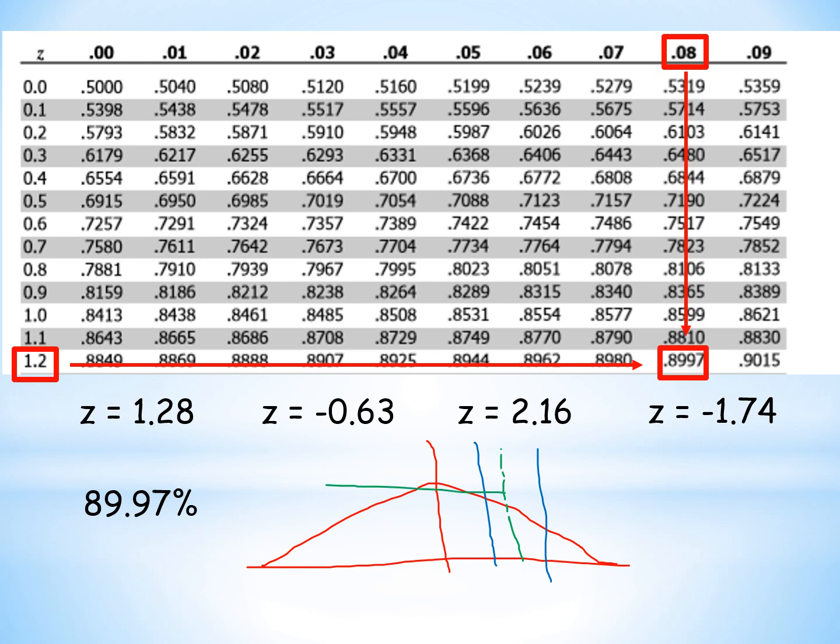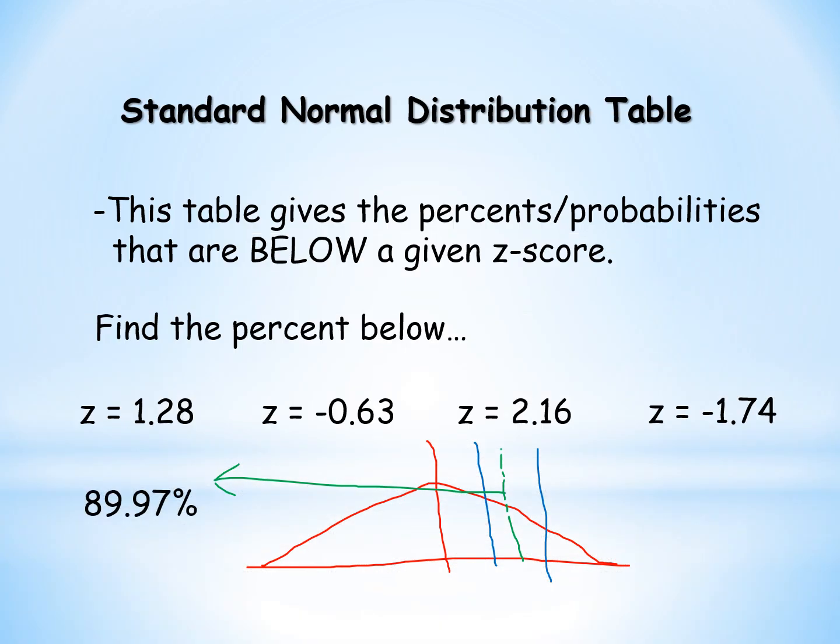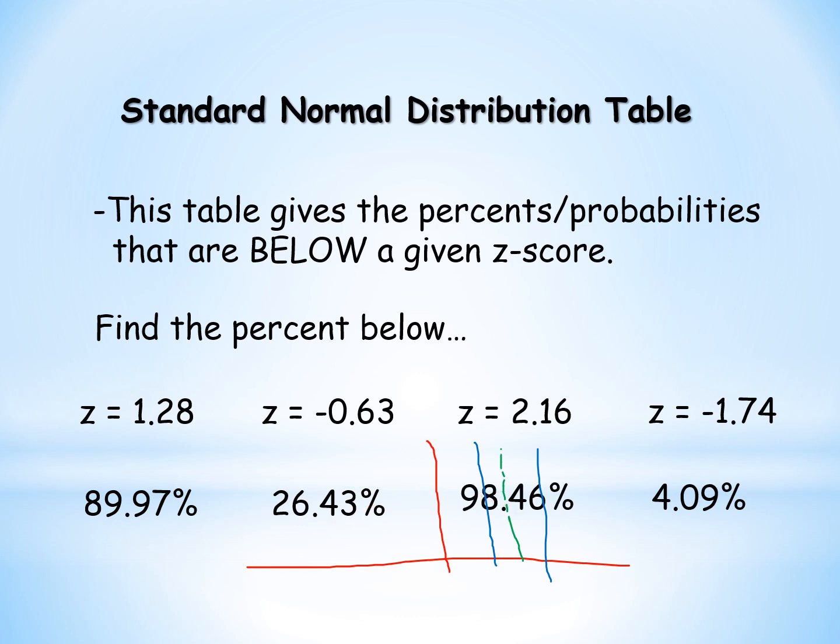And so this tells you that all of this here is 89.97%. So it's giving you the percentage below that particular standard deviation. And if you want to find these others to see that you're doing it correctly, you can go ahead and do that.